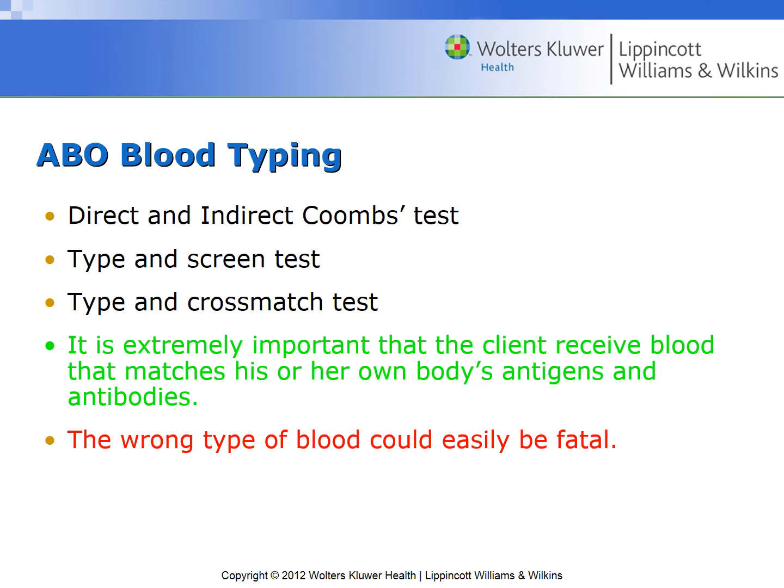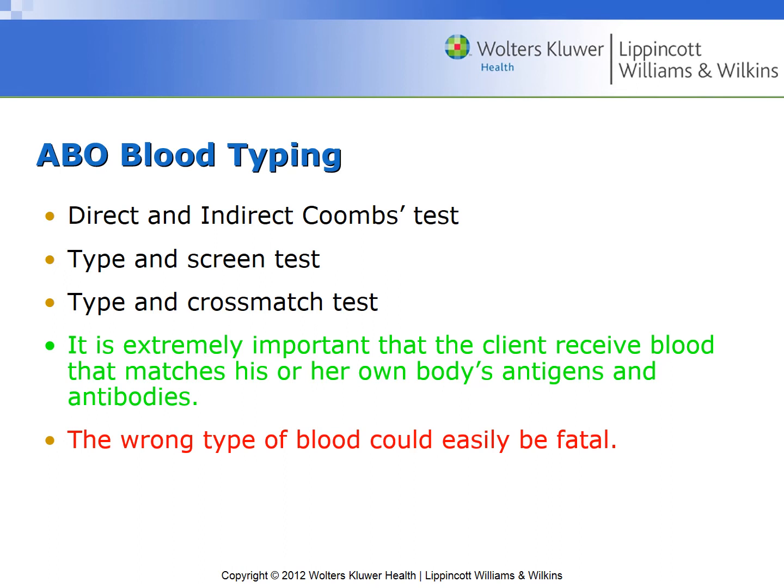So having it done right the first time, the type and screen, the type and cross-match, making sure that the blood is double-checked by 2 licensed nurses. There's an entire section there in your book about how blood transfusions are done. Pay close attention to that.